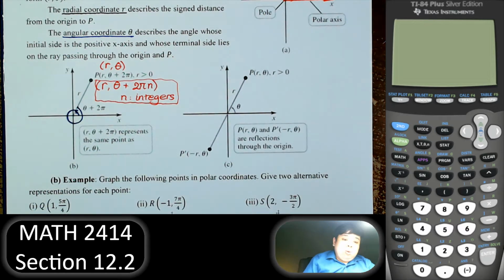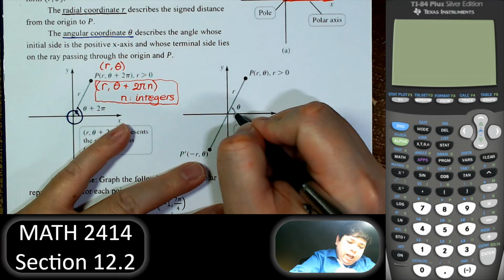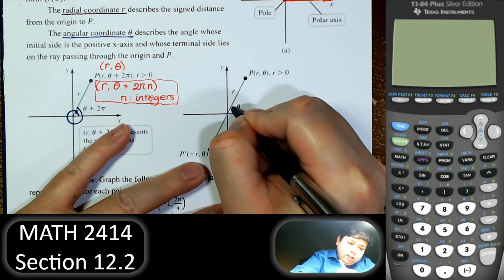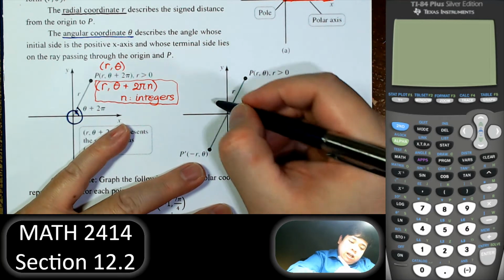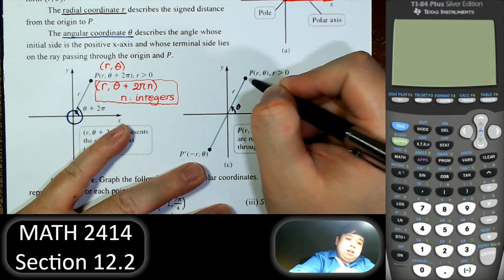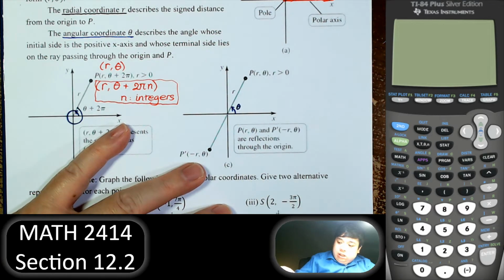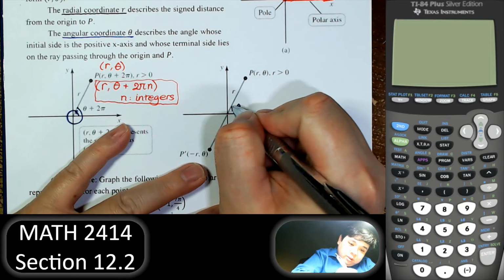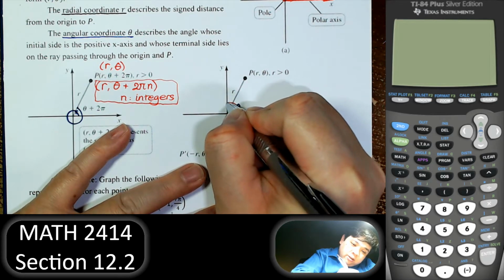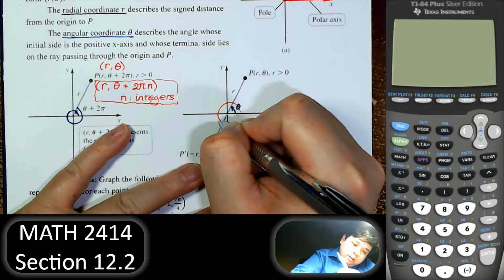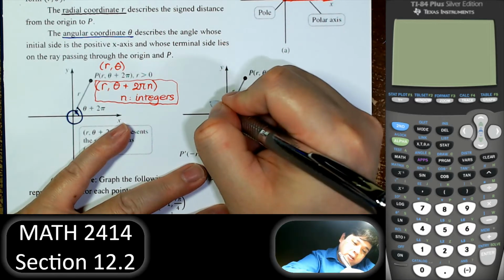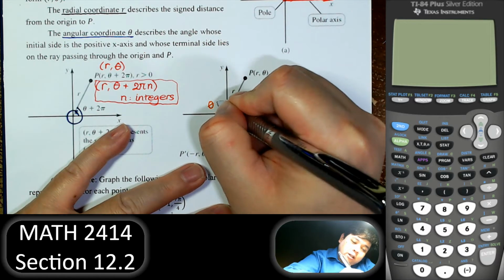Now, a different way to do that is, instead of going this angle theta and then the distance r, we can go this angle theta plus pi.